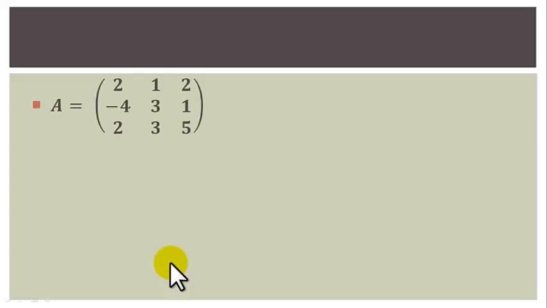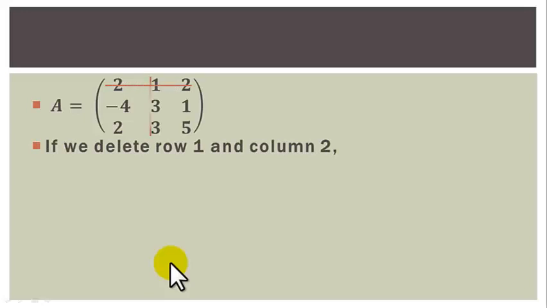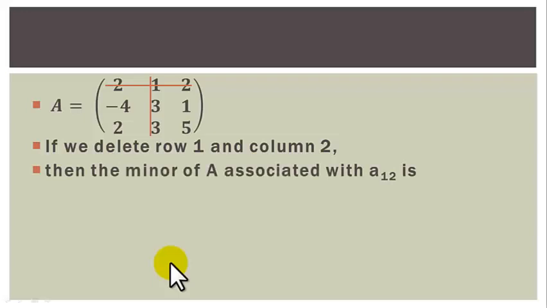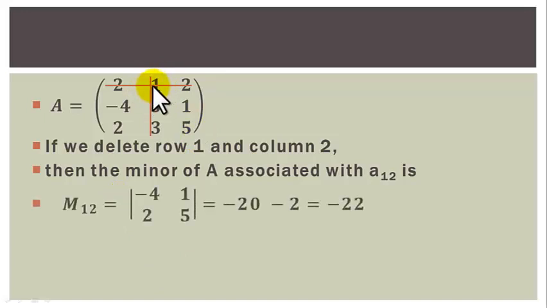So therefore the cofactor is also equal to 12. Now let us delete row 1 and column 2. Then the minor of A associated with A12, which in this case is this element 1, is M12, which is equal to the determinant of the submatrix minus 4, 1, 2, 5.